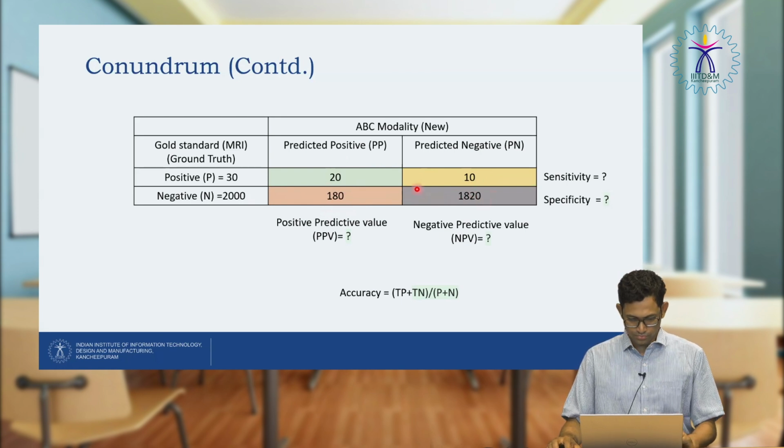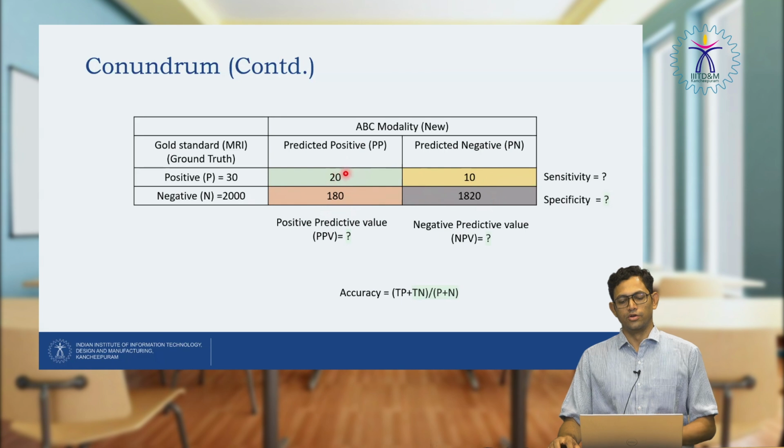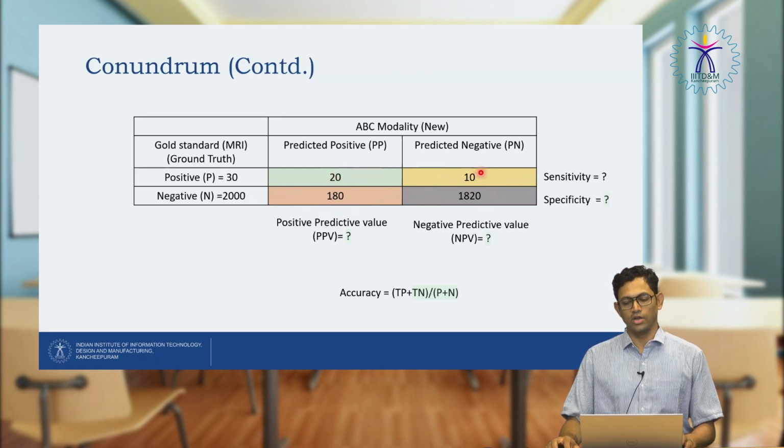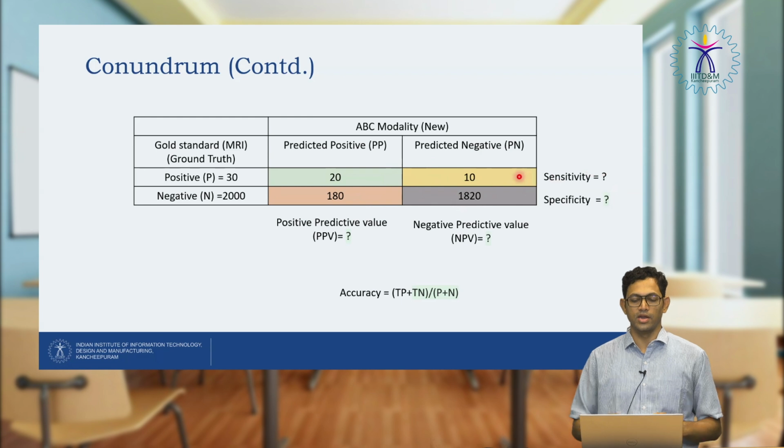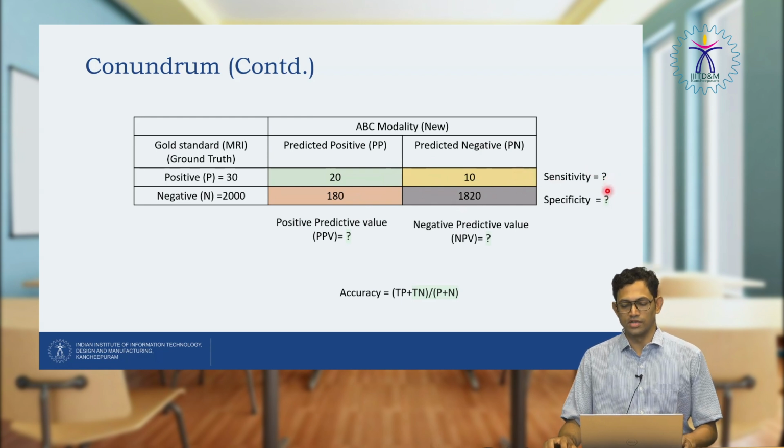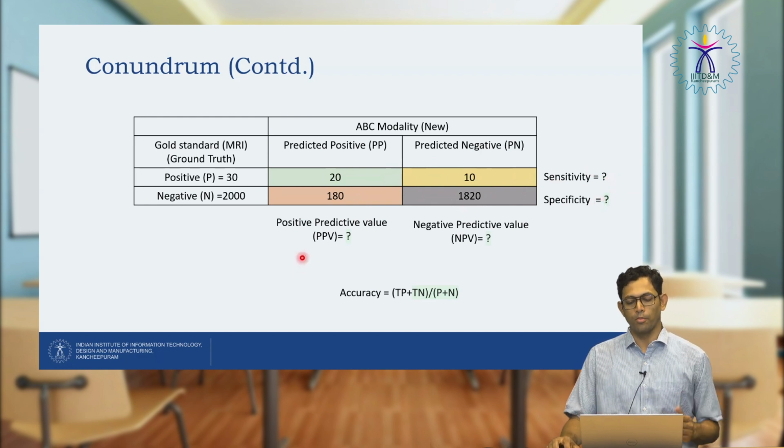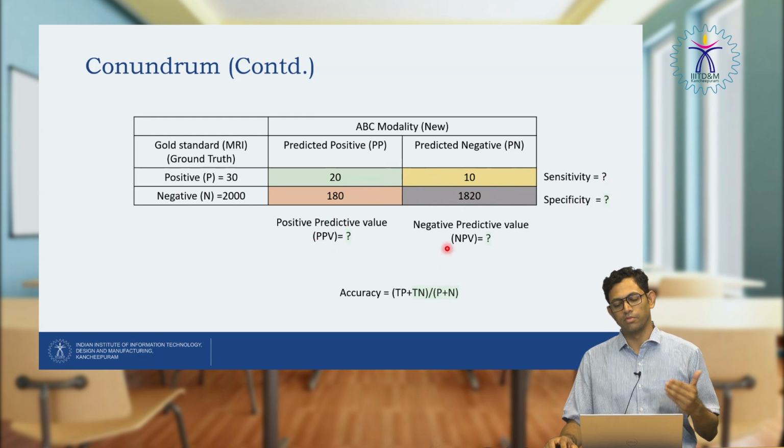So this is true positive, this is false negative, this is false positive, and this is true negative, right? So these numbers we have already mentioned. From these numbers, can you calculate sensitivity? You can pause this video and try to find it by yourself, just to get an idea of the values of sensitivity, specificity, positive predictive value, negative predictive value, and the accuracy as well.